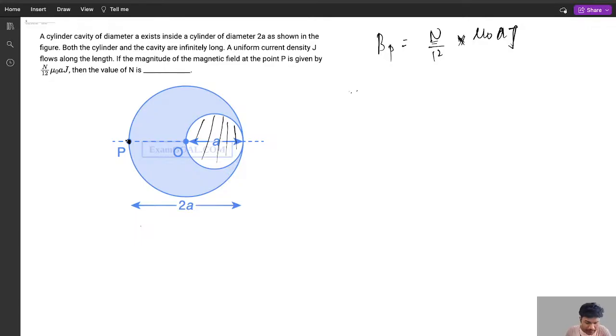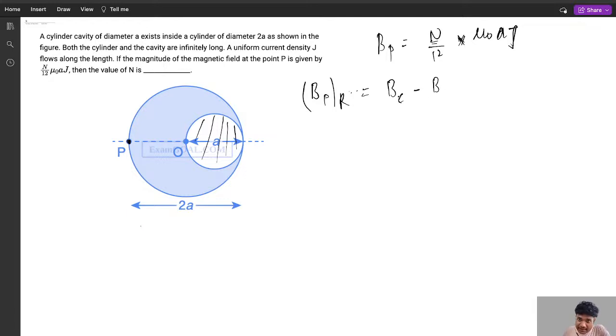Do you understand this? Then B at point P, the resultant magnetic field at point P, is equal to one due to the whole infinitely long cylinder, B due to cylinder, minus B due to cavity.